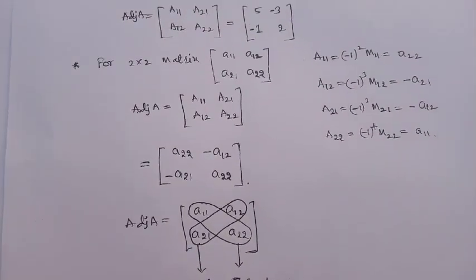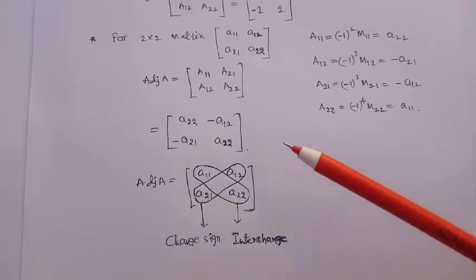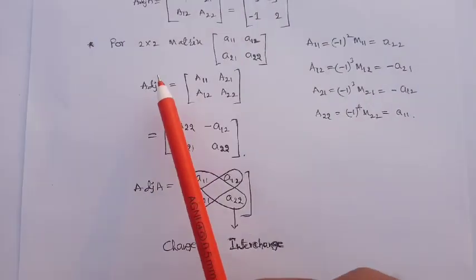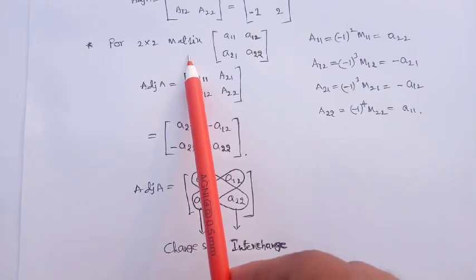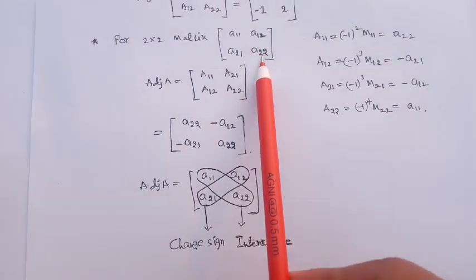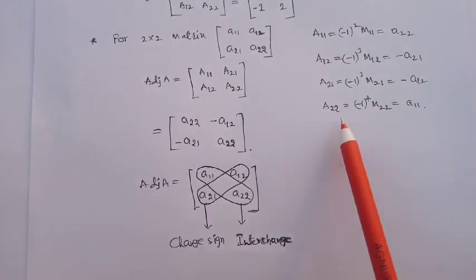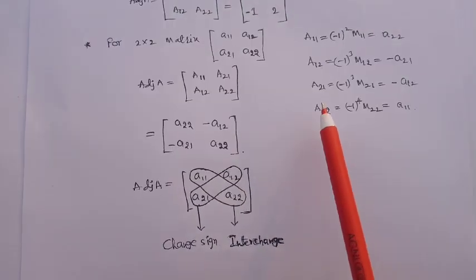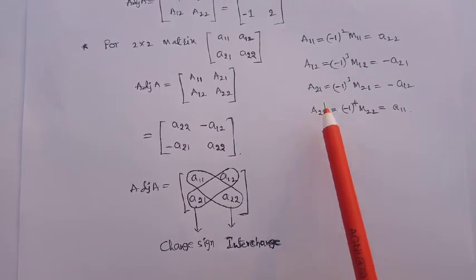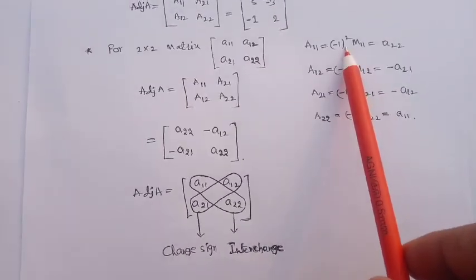now try to understand directly. We will see how it will come. Any 2 by 2 matrix is taken, [A11, A12; A21, A22]. By finding this way, it is taking a little lengthy by keeping each and everything here.